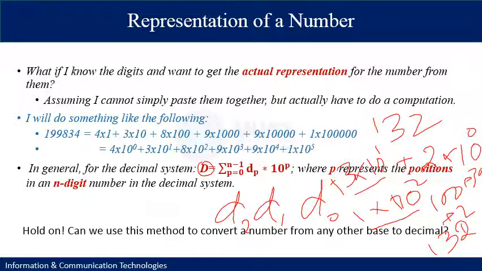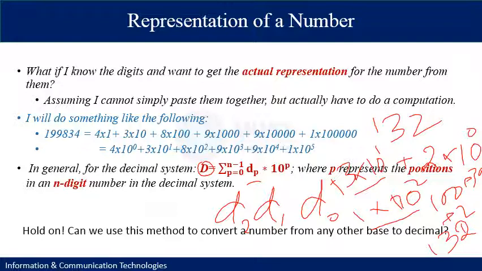So in general, the decimal system composes a number using this formula. This formula simply states that for each digit location, multiply by the power of the digit location, and then sum the values from location 0 to location n minus 1.